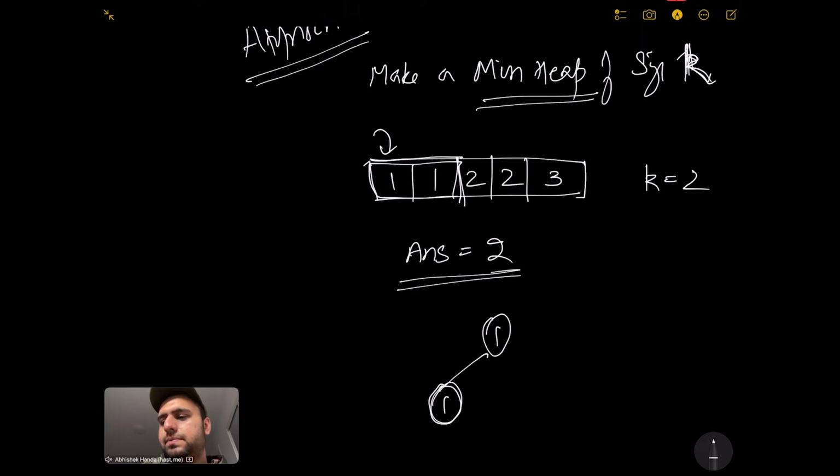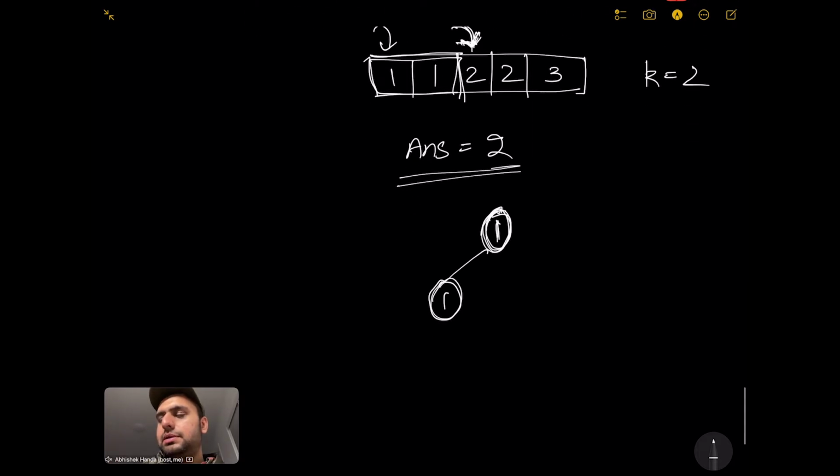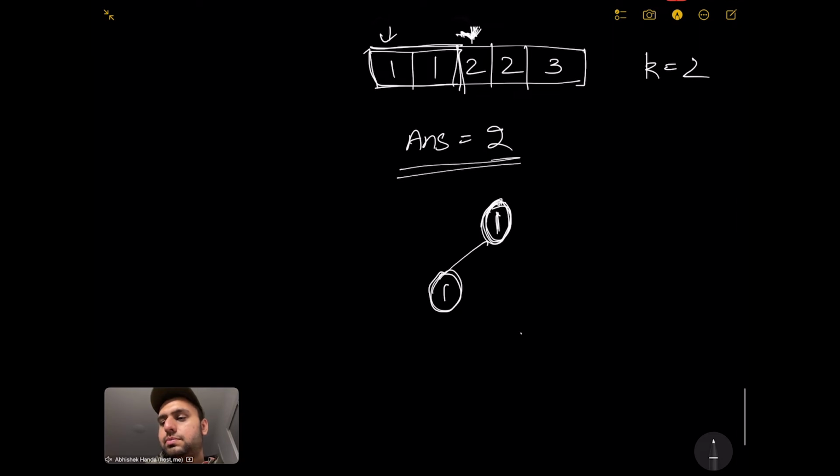Now the next element 2 comes, right? I need to check whether the element that came is greater than the element which is at the root. If yes, then we simply remove the element at the root and add that element to our min heap. So my heap will become 1 and 2 like this.